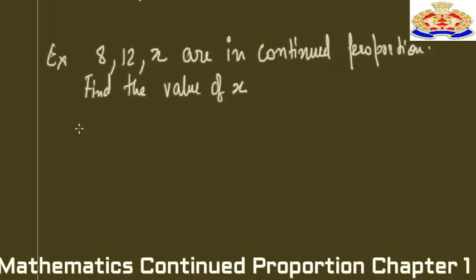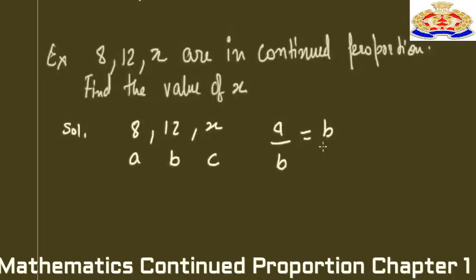Now how to solve this? Since 8, 12 and x are in continued proportion, we can compare it with A, B and C. When A, B, C are in continued proportion, what do we write? We write A upon B is equal to B upon C.